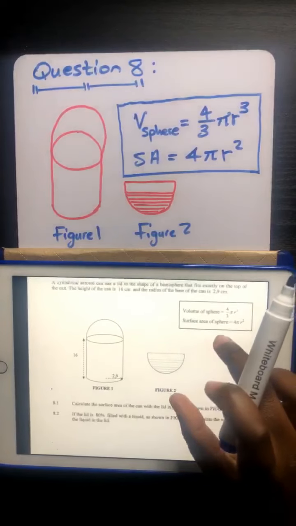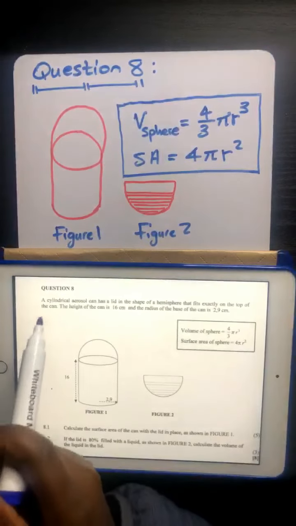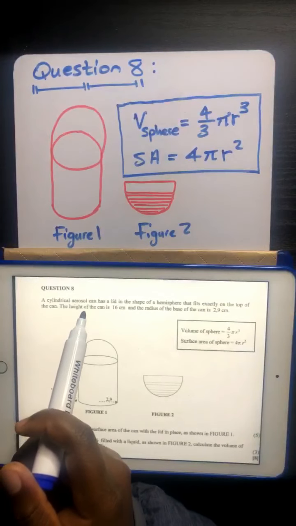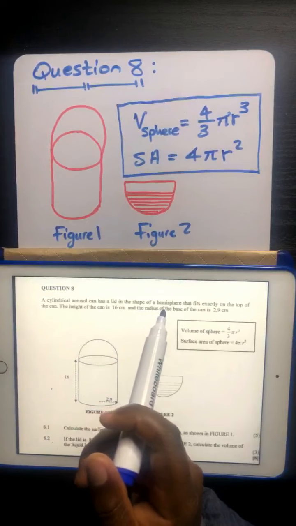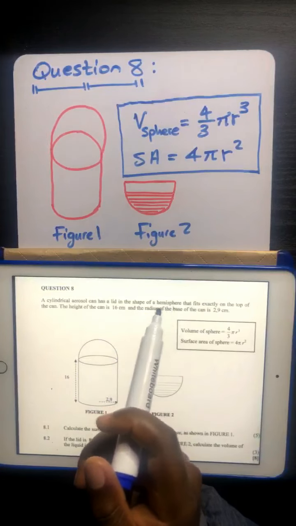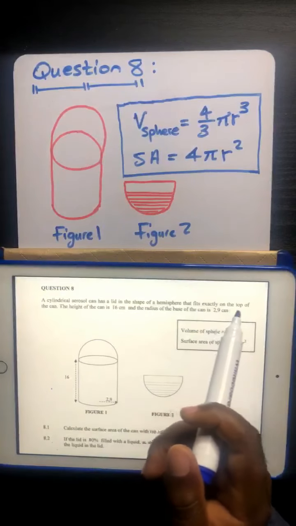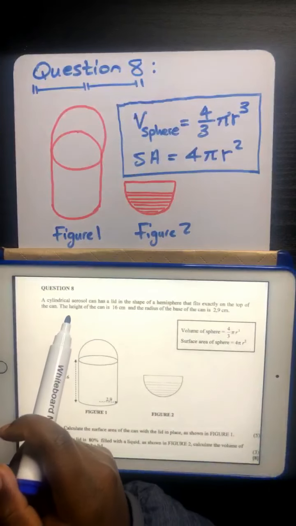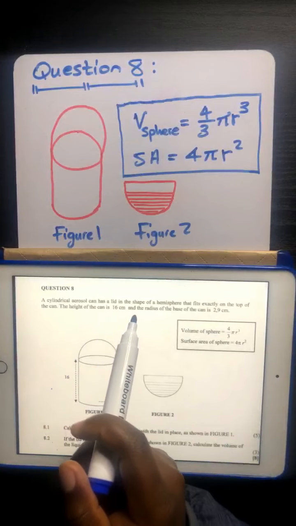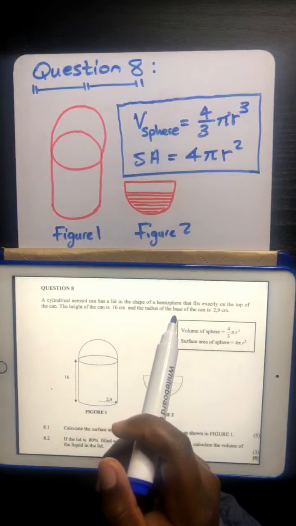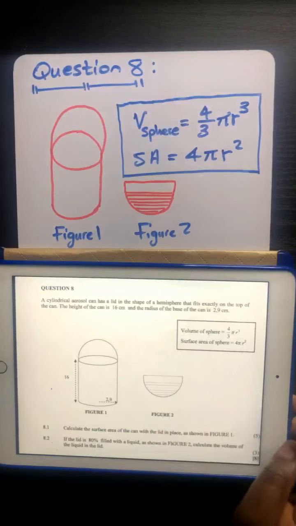So, for the last time, a cylindrical aerosol can has a lid in the shape of a hemisphere. That word, hemisphere. Okay, that fits exactly on the top of the can. The height of the can is 16 centimeters and the radius of the base of the can is 2.9 centimeters.